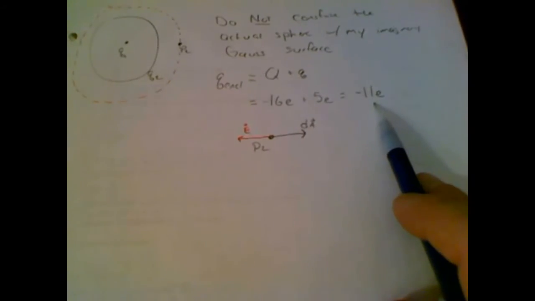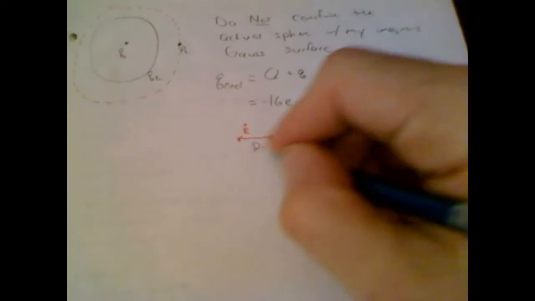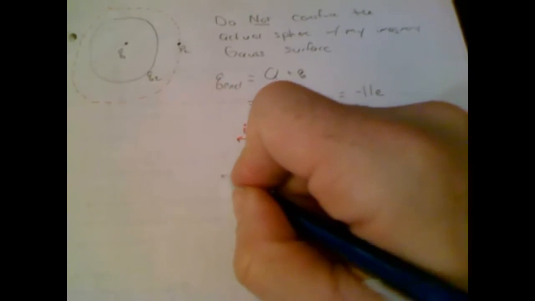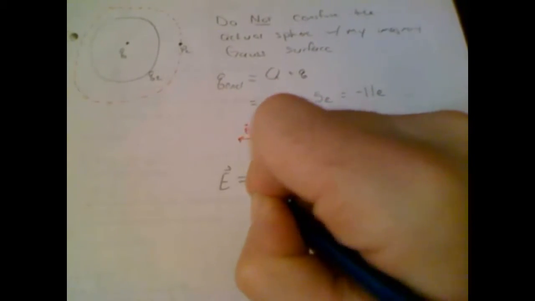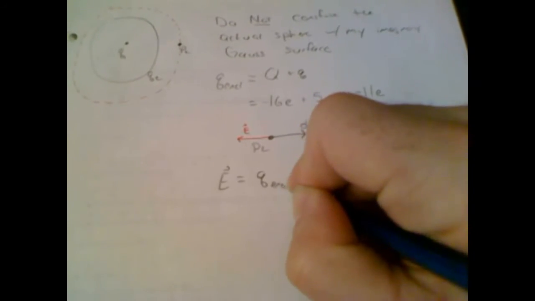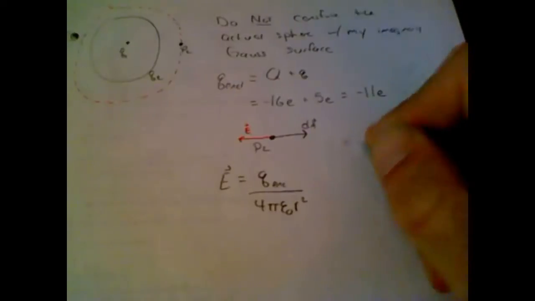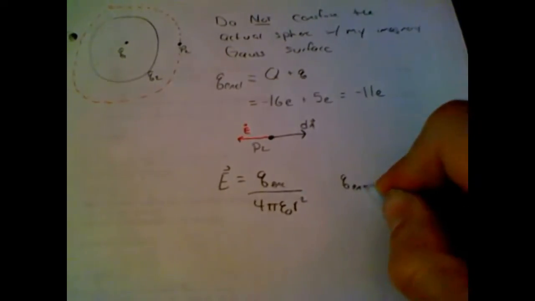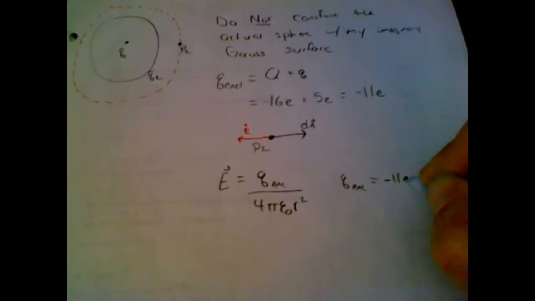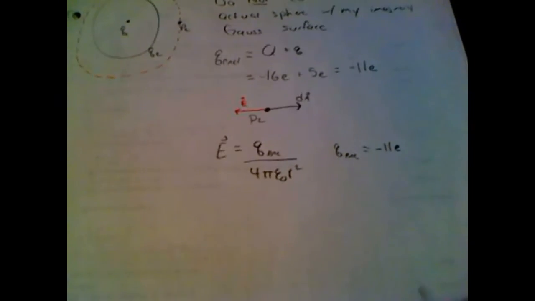Since my charge is negative, my electric field is going the opposite direction. We just derived this on the previous page. I don't have to go through it again. Q enclosed over 4 pi epsilon naught r squared, where now my Q enclosed is negative 11e. So I guess I could throw out a negative on top of that if I wanted to.